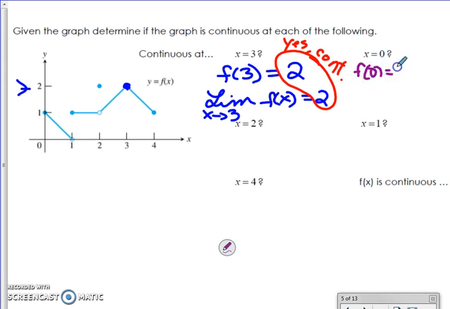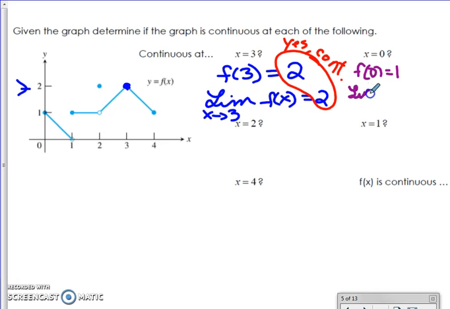I'm evaluating the function at x equals 0, and I got 1. Then I need to check the limit. Now, this is an example of one where there is an endpoint. Since there's nothing to the left of it, I can only take the one-sided limit. So here, the limit approaches 1 as well. So you would say the limit as x approaches 0 from the right is 1. So that has to exist.